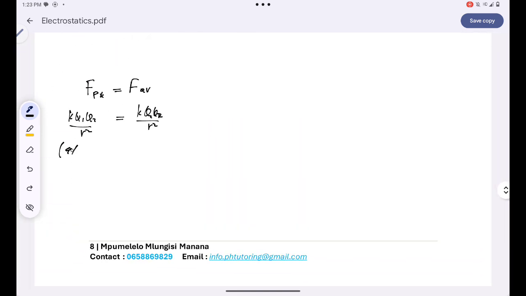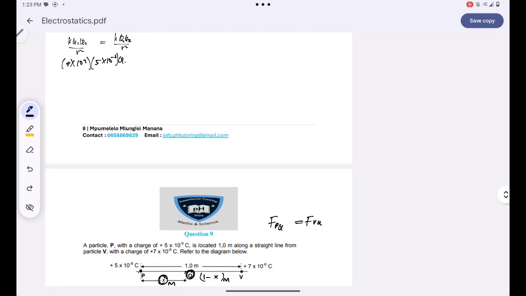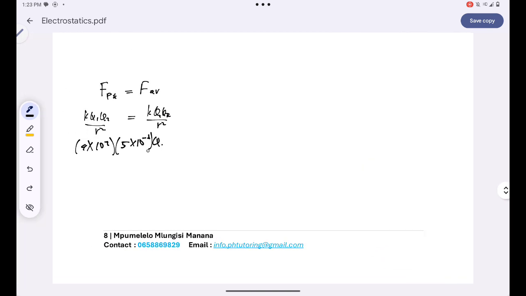So 9 times 10 to the power 9 multiplied by 5 times 10 to the negative 6 multiplied by the charge at position Q, all over the distance apart, which is simply x squared.